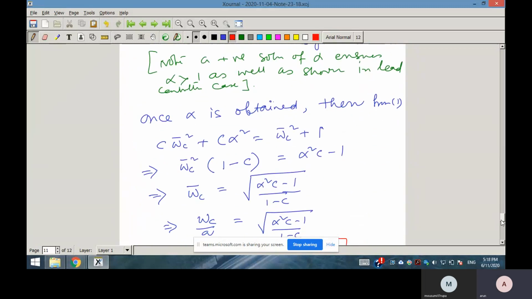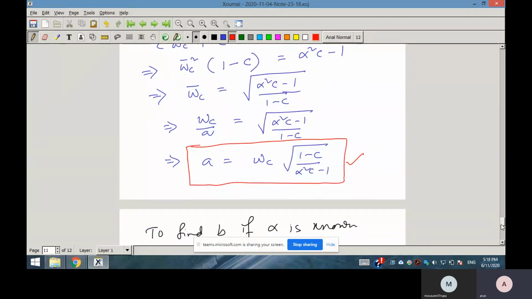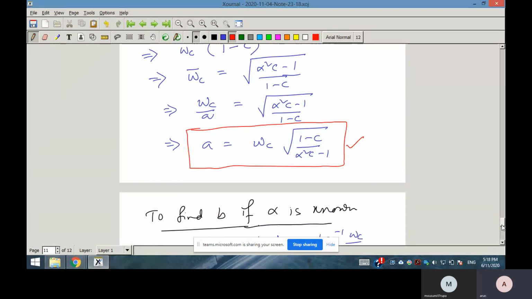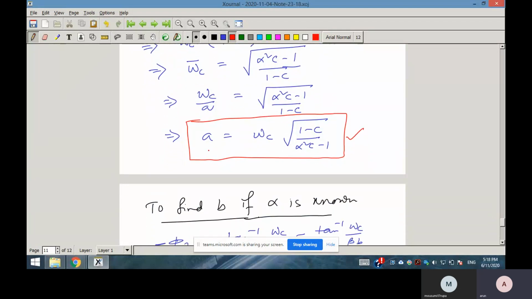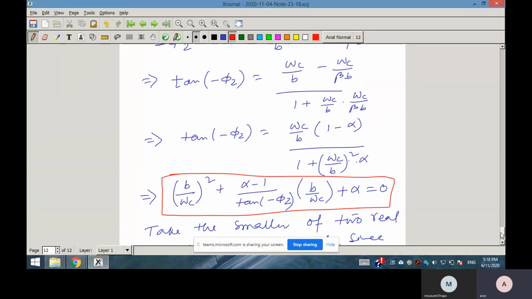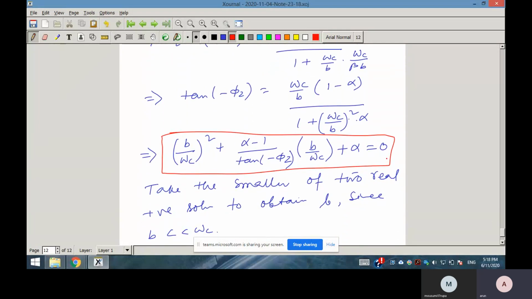Once you get the solution of alpha, then the parameter a you will get from this equation, and finally the parameter b of the lag part you will get from this one, and beta you will set as beta equal to 1 by alpha. Then the lag lead part design will be over.